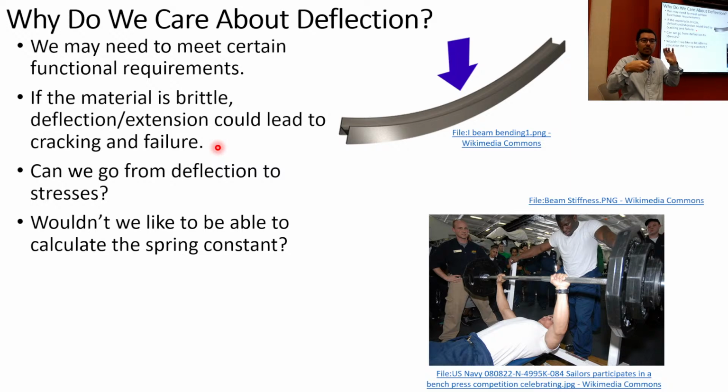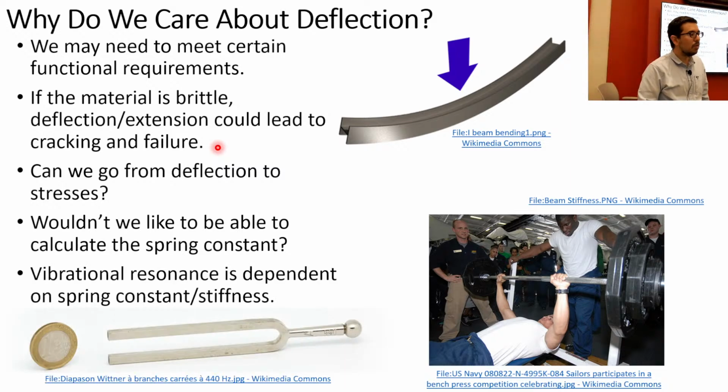In this case, we're going to be looking at F equals K delta, thinking about displacements along the beam.